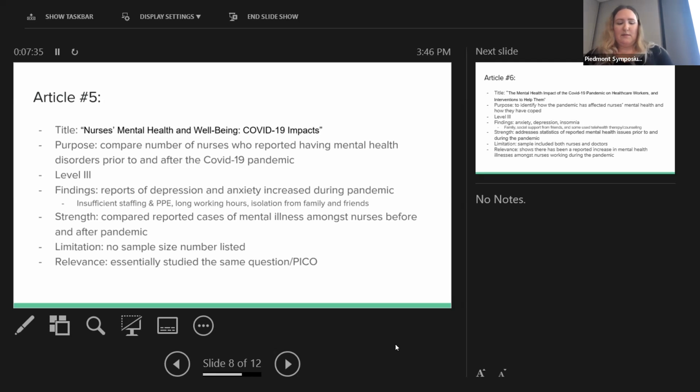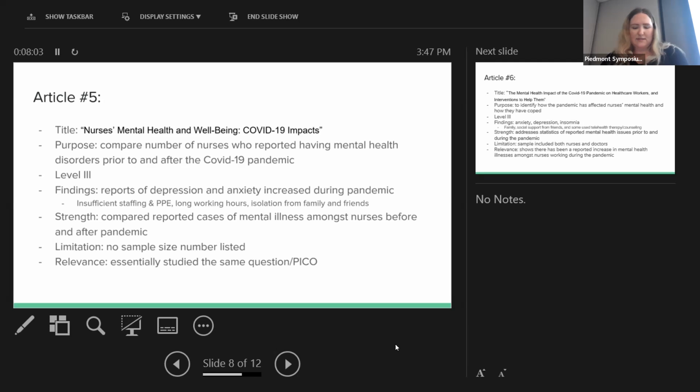It was reported that the majority of them had developed anxiety, followed by reports of depression. Some of the most common contributing factors were, of course, the issues with PPE, the long working hours, the inadequate staffing, the isolation from family and friends, and not being able to be at home and manage family responsibilities.